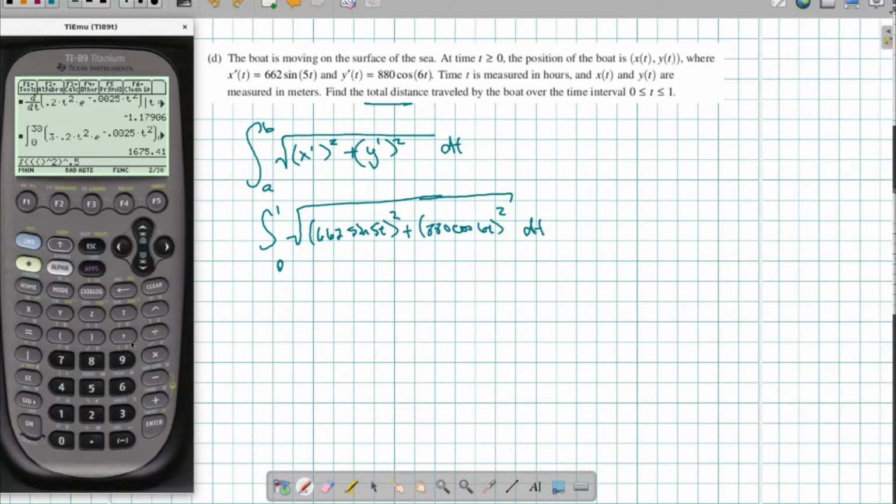And the thing I'm going to square is going to be 662 times the sine of 5t. And I'm going to add something squared. And the something squared that I'm going to add is the 880 times the cosine of 6t. And I need to make sure I'm closing parentheses as I go. So this needs a closed parentheses there to make sure that that whole expression is being squared.